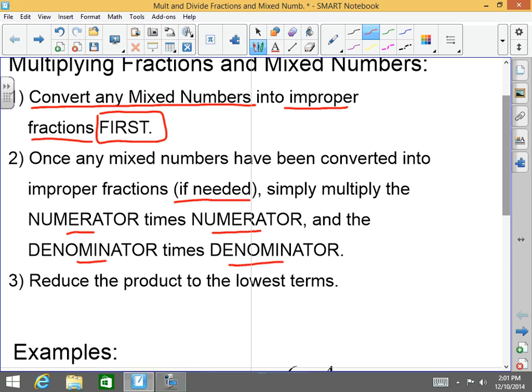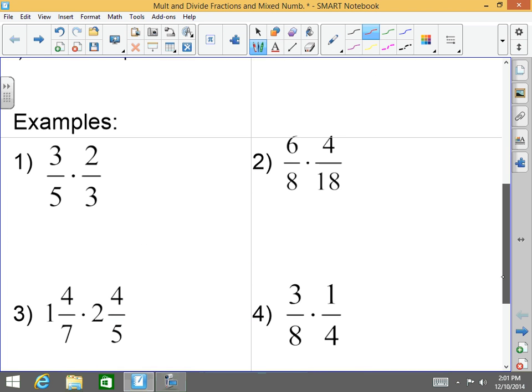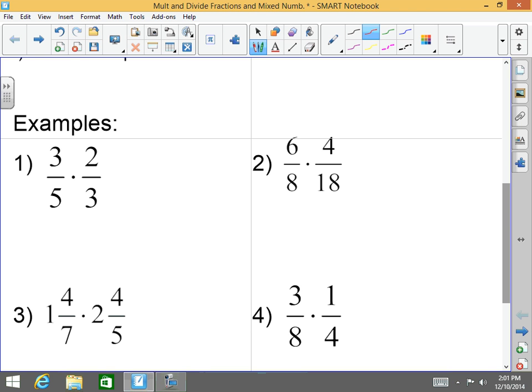If it's an improper fraction that you get, you have to convert it back to a mixed number. It's literally that easy.